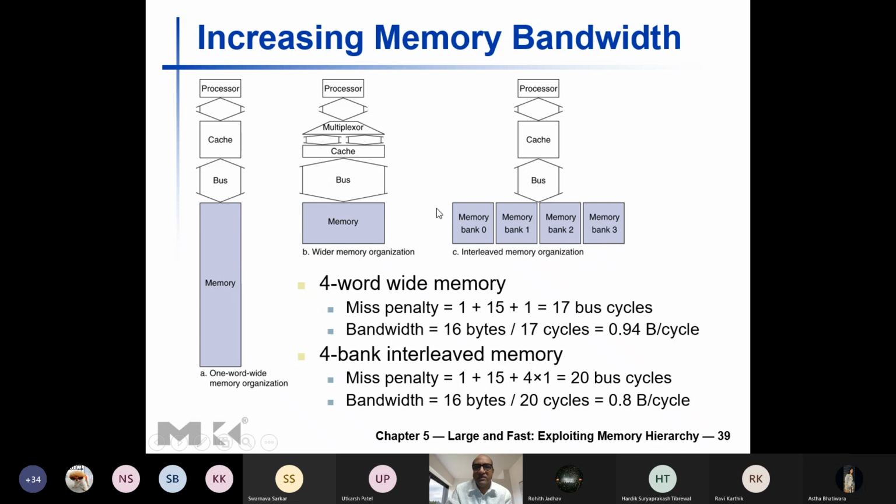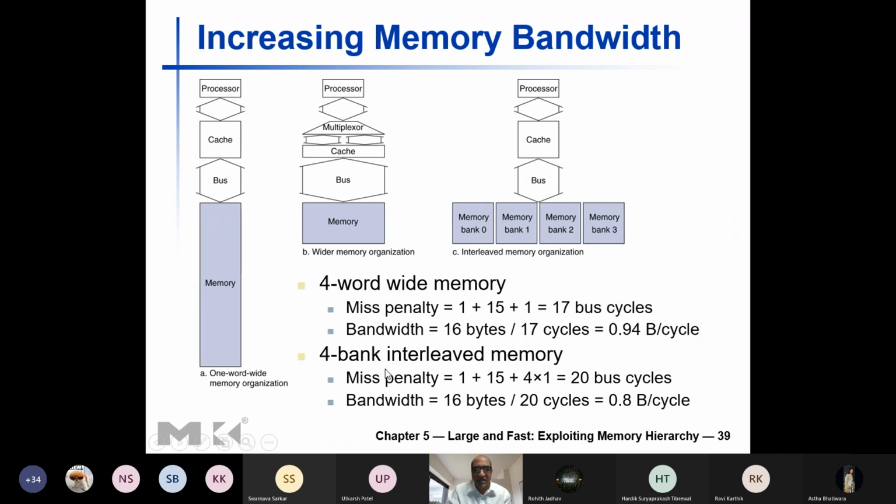So in this memory bank, you can access the entire block in one access time itself. Afterwards, since the bus width is narrow, even though we access all the words together, the bus width equals only 1 word. So since there are 4 words in a block, it requires 4 cycles, because 1 word at a time can be transferred.